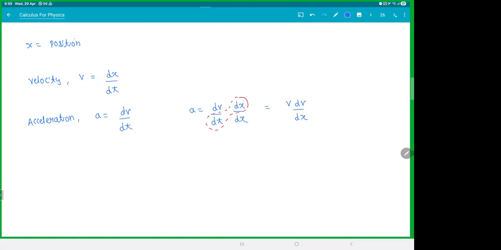So when to use which one? Use this if v is given in terms of t. Both are right. It is just that the variables are different. Use this if v is given in terms of x. You can note down these things if you don't know.